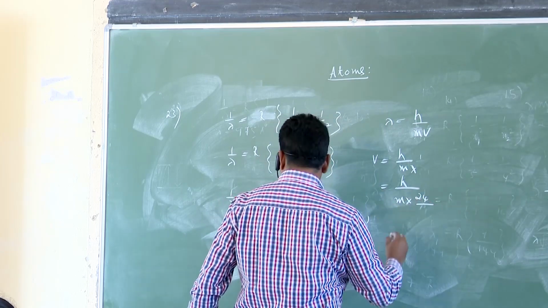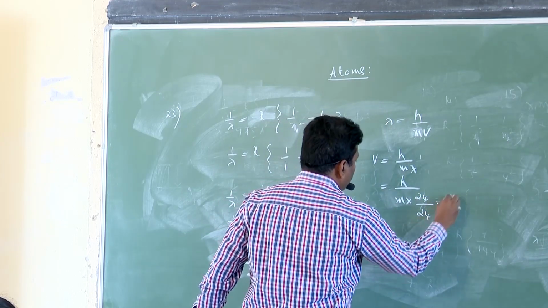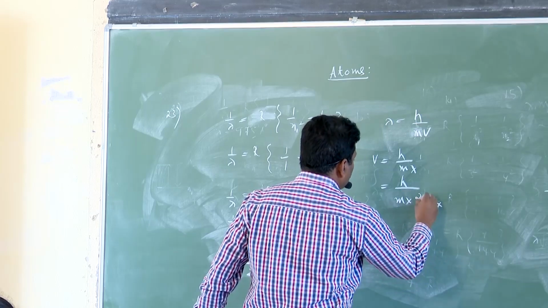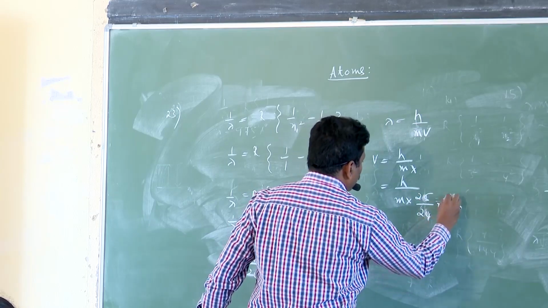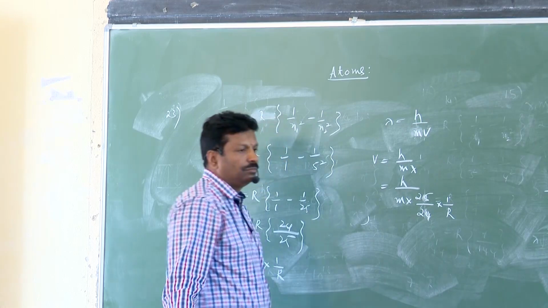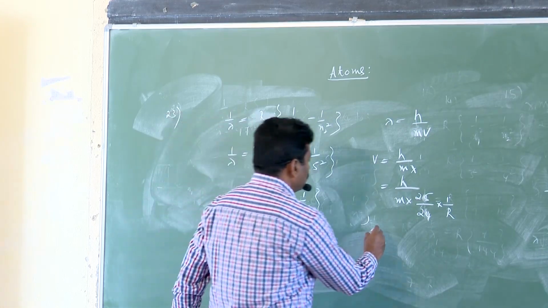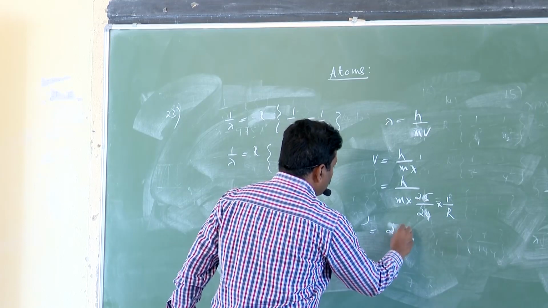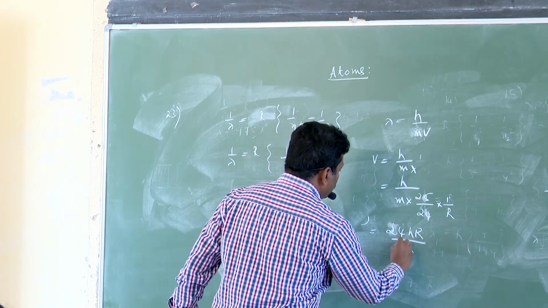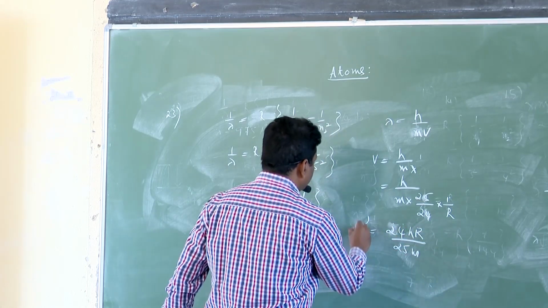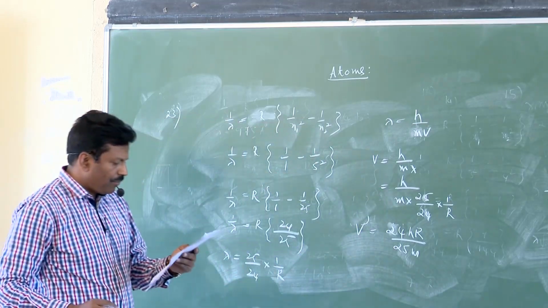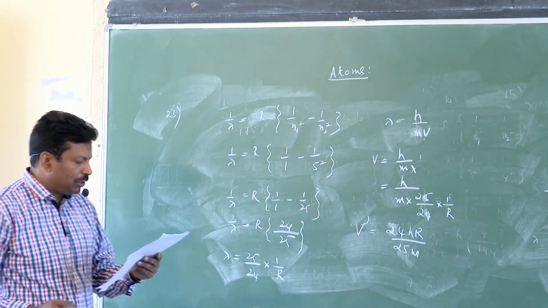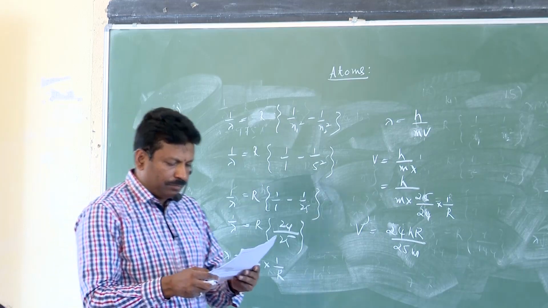It is 24 by 25 into R, so 24 hR by 25 m. So option E, 24 hR by 25 m.